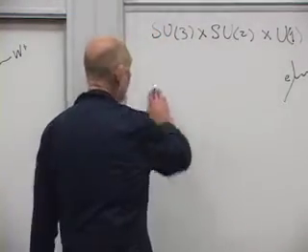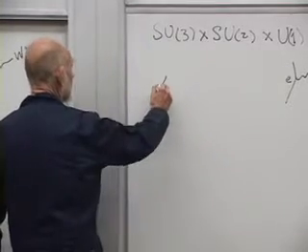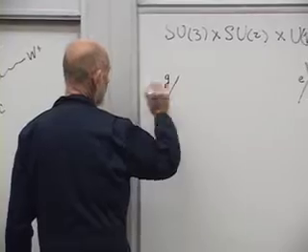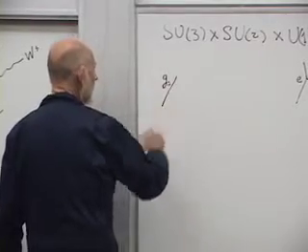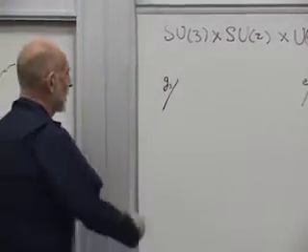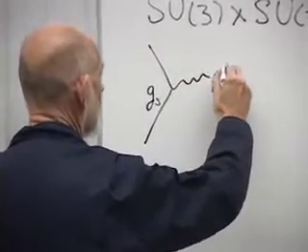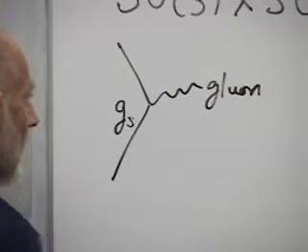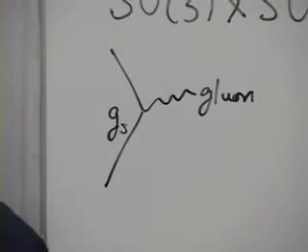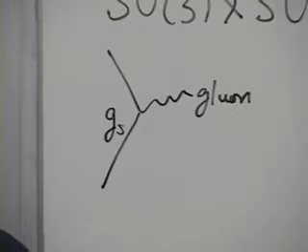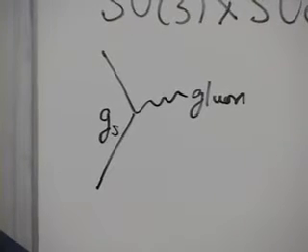The SU3 coupling constant is usually called G, or we can call it G strong, G sub S. That, of course, is associated with the emission of a gluon. And that's also a number. That number is close to 1. Well, not close, 1 is a little bit too big.